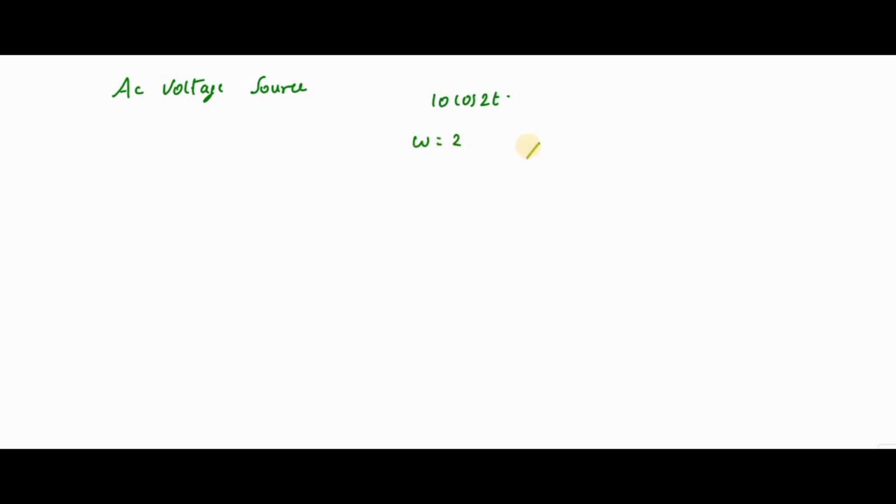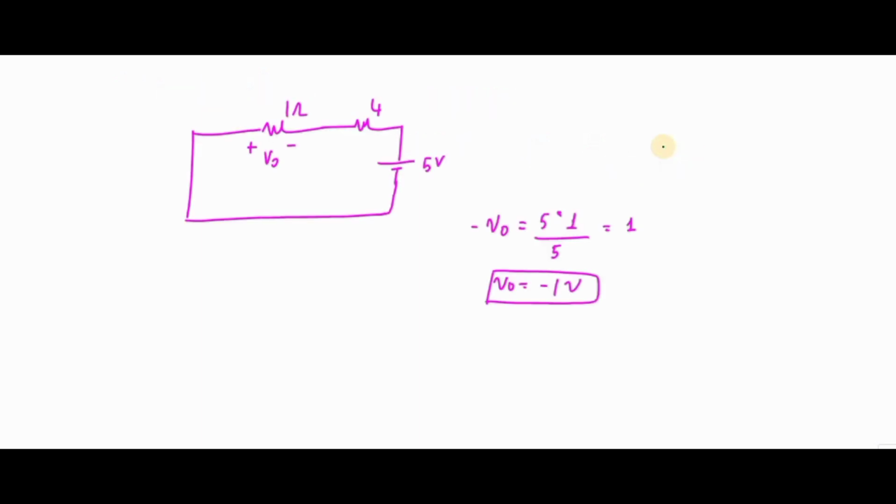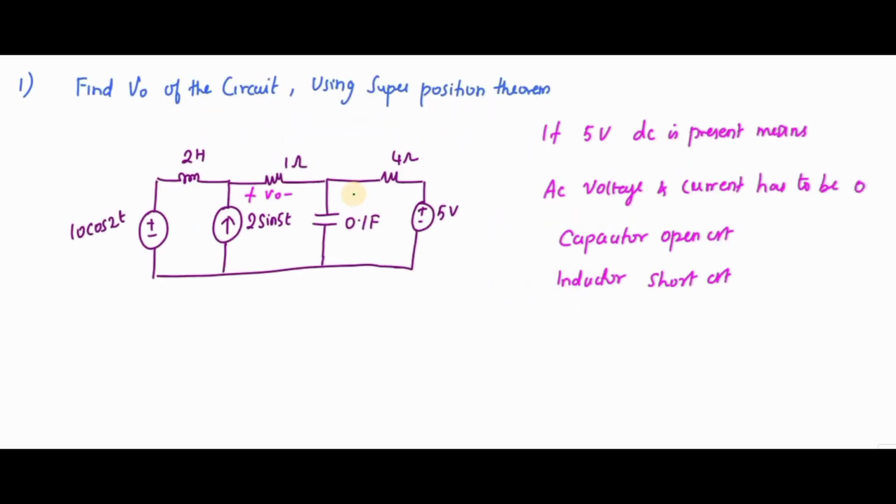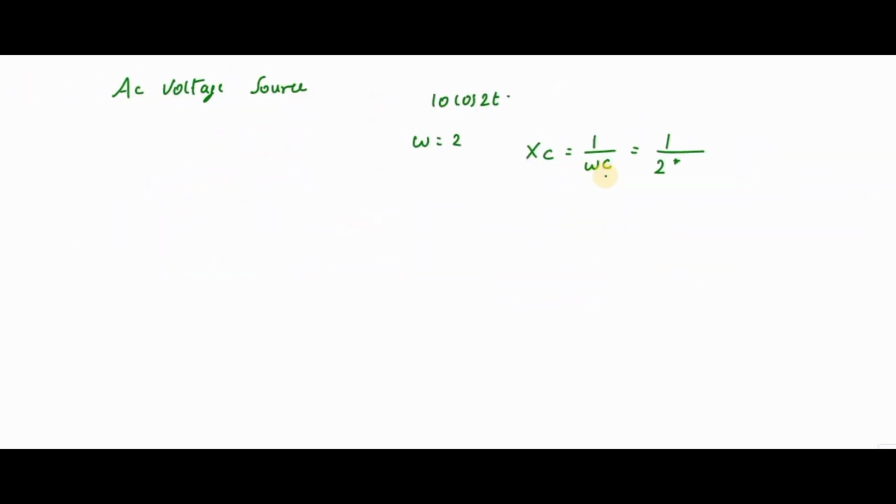XC is equal to 1 divided by omega C. Substituting, 1 divided by 2 times 0.1, so that is 5. So XC is equal to 5.